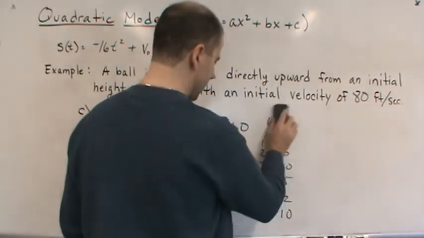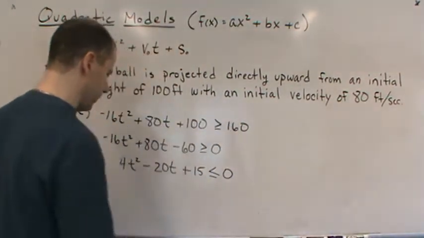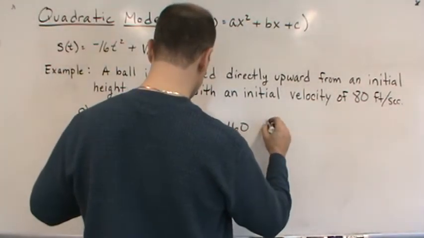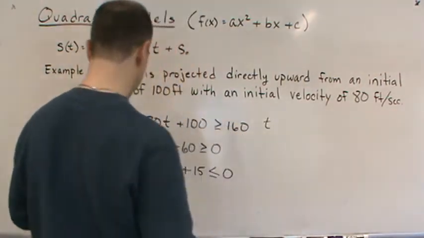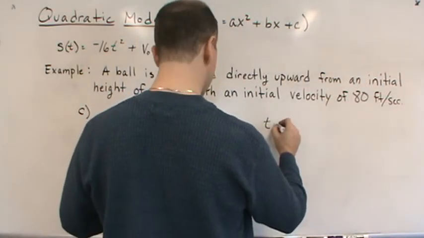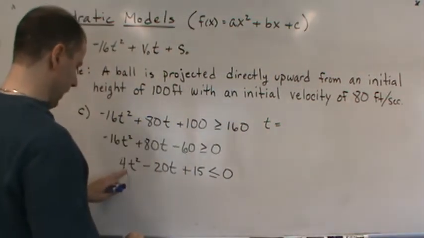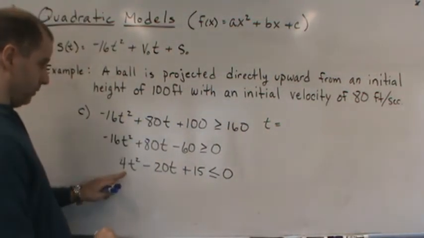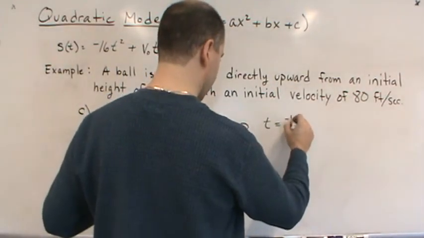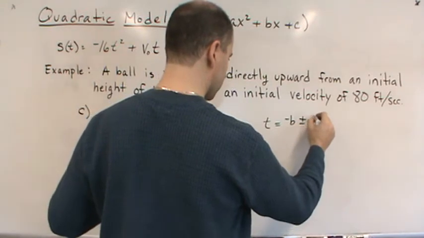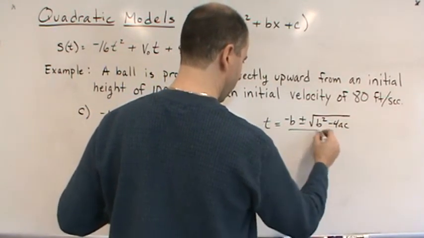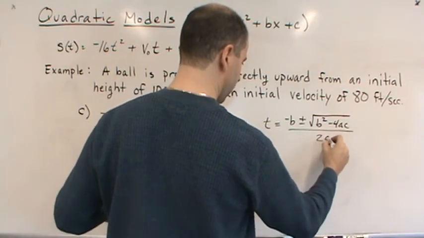So guess what? That's okay, because now we can use the quadratic formula. So let's find t. t is equal to negative b plus or minus the square root of b squared minus 4ac, over 2a.